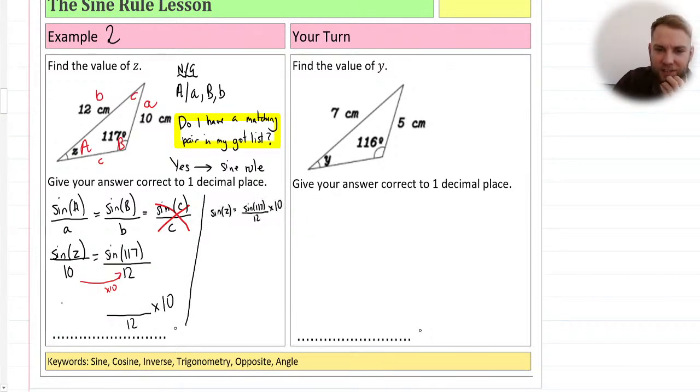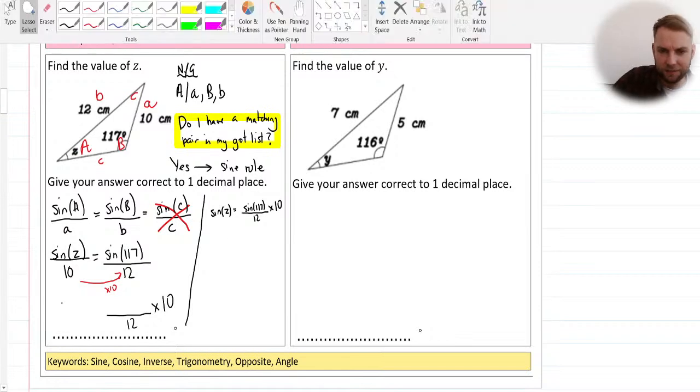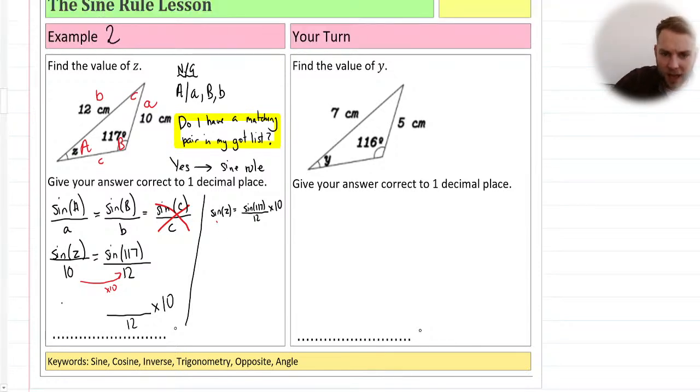So to get rid of the sine here, I know that the inverse of sine is sine to the minus 1. So if I want to find out what Z is, this is going to be the formula. Z is equal to sine to the minus 1 of all of this, so sine of 117 over 12 times by the 10.